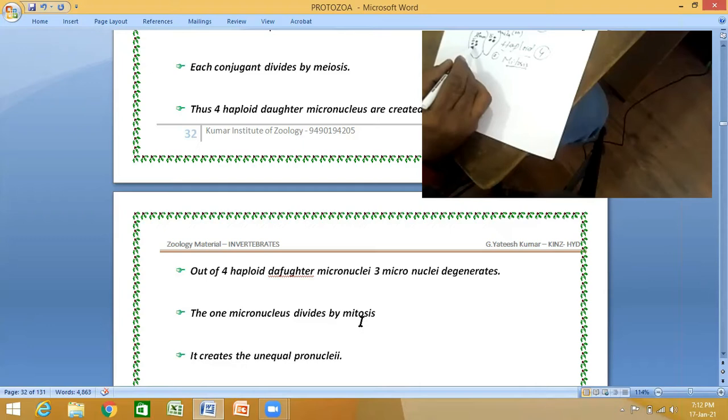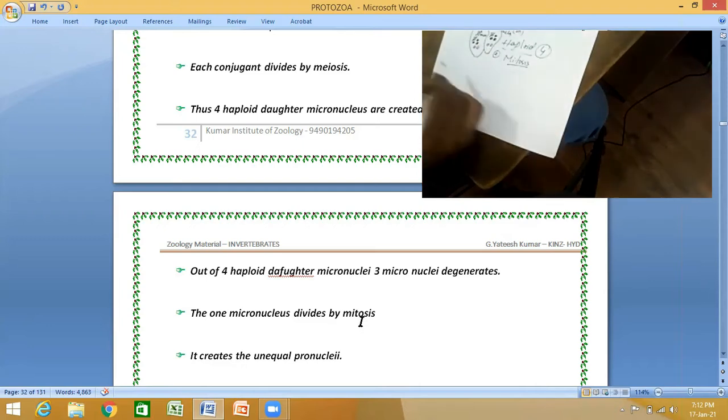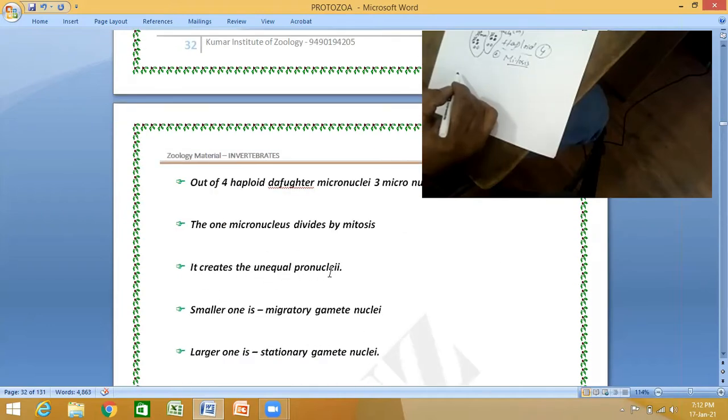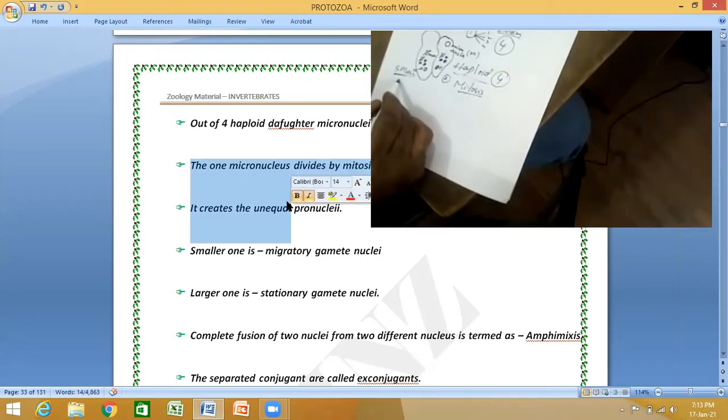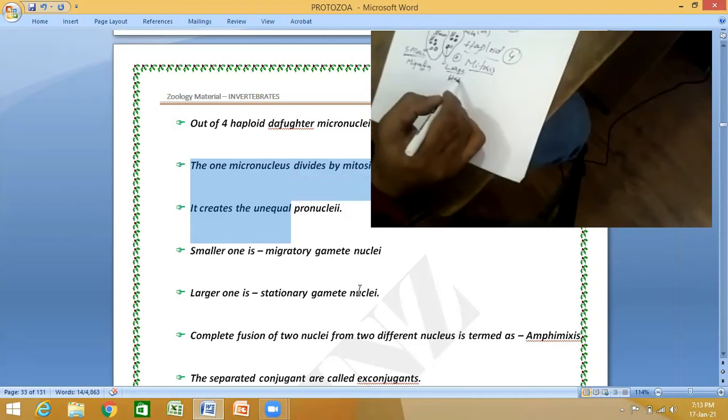Here, this one divides into two micronuclei, creating unequal pronuclei. It is not an equal mitosis, but it produces two unequal micronuclei. The smaller one is called the migratory gamete nucleus. It is important: the smaller one is migratory, and the larger one is stable and cannot move.